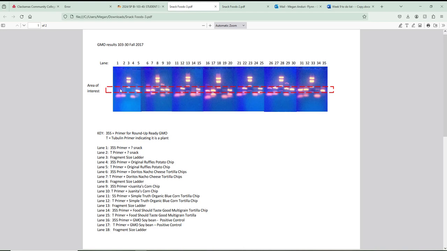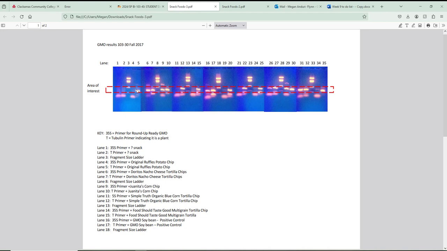We look at this area and see that neither is present, so we know that that snack doesn't. Let's go down to lanes 4 and 5. Here we have the 2 bands again, the Roundup Ready GMO band and the T primer band, with original Ruffles potato chips. In lane 4, we don't see a band. In lane 5, we do see a band.